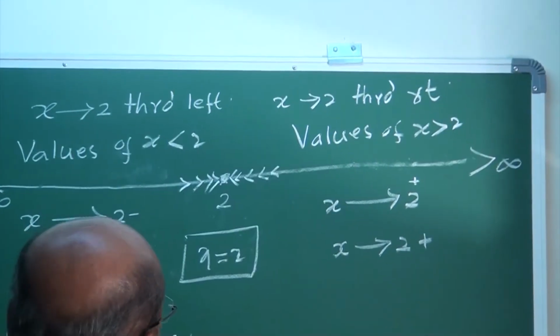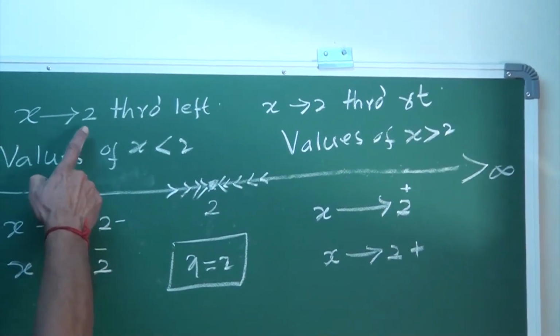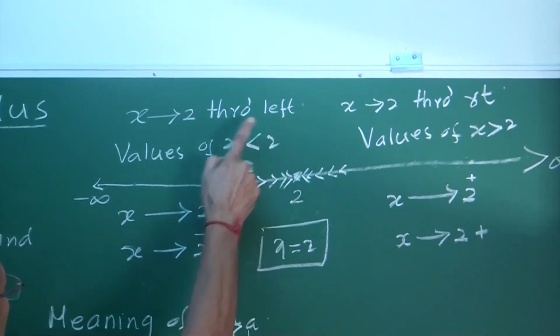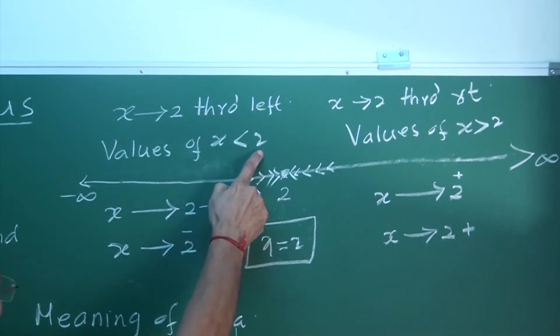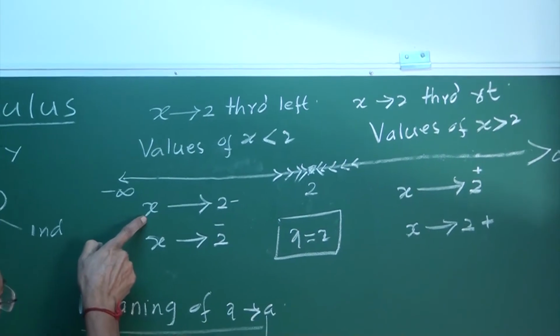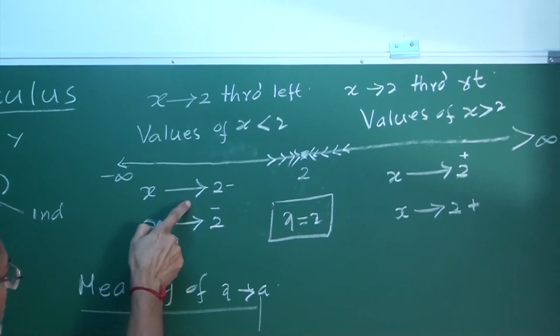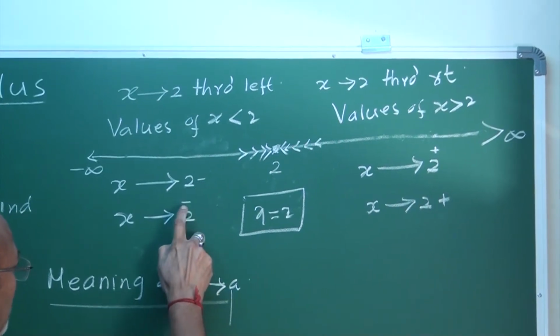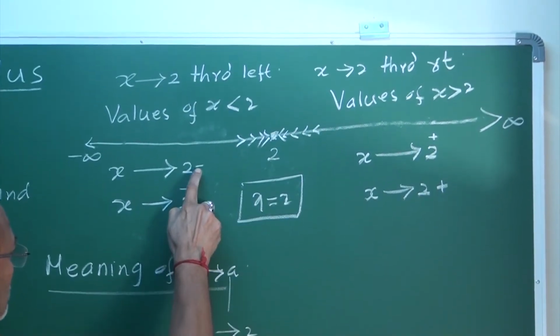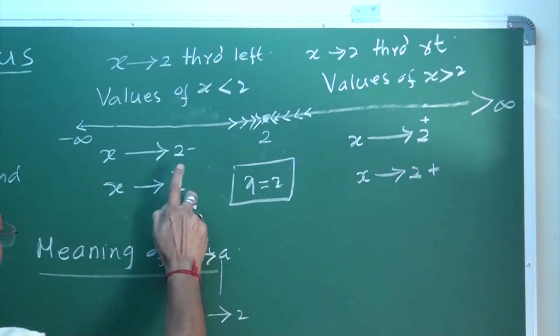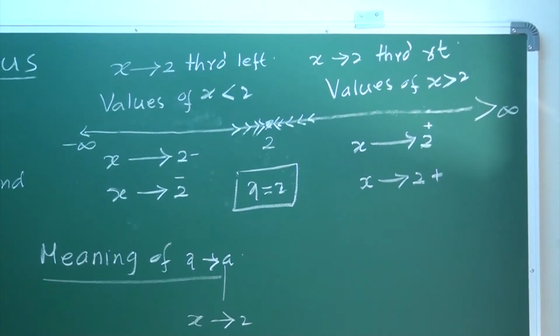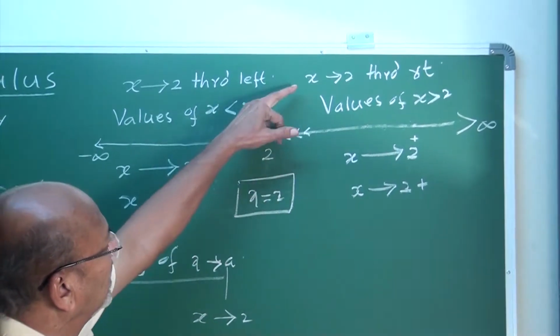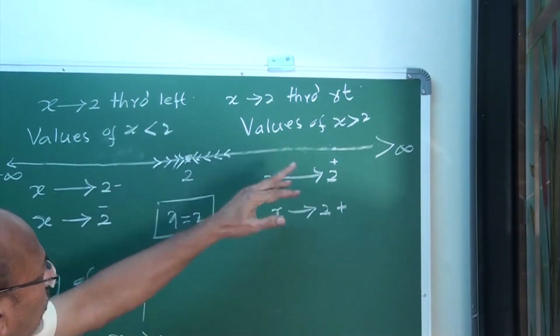And this x tends to 2 through left, or values of x less than 2, we denote by the symbol x tends to 2 minus. Sometimes we write the minus on the top, in front, both are correct, both we use. Another one is x tends to 2 through right.